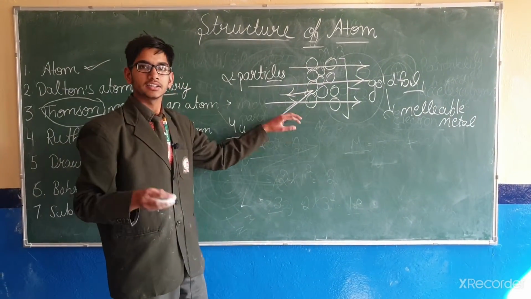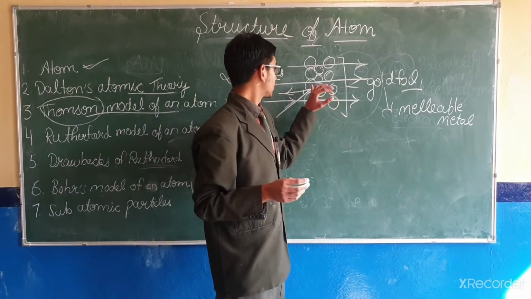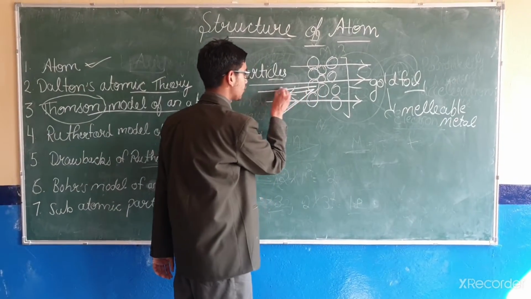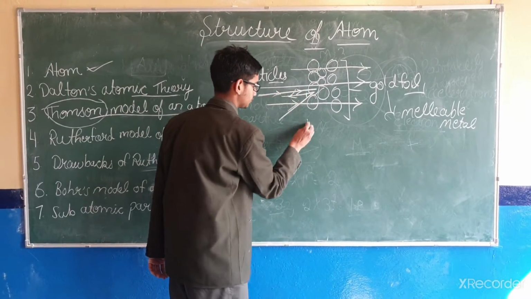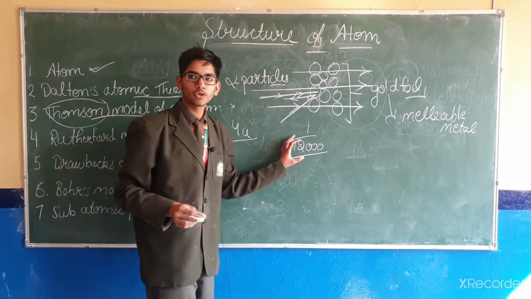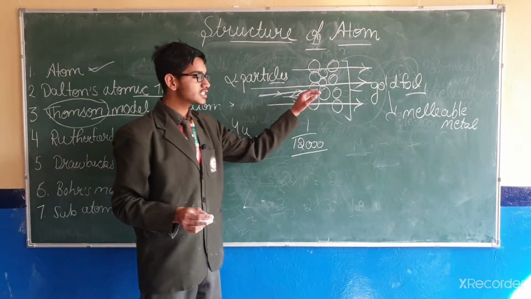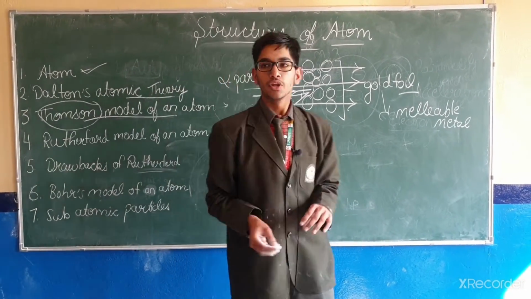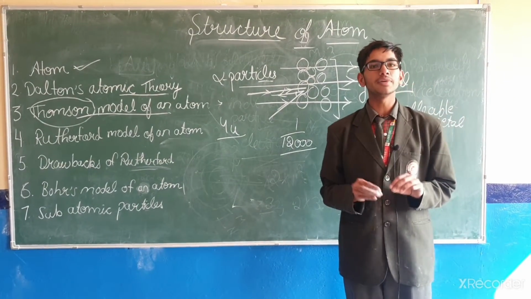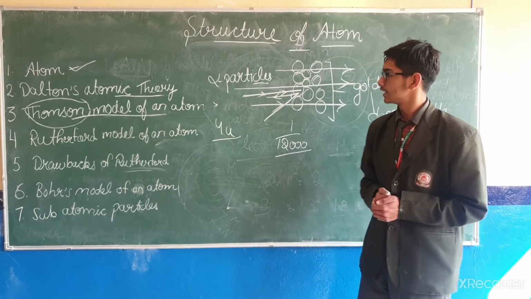It indicates that there are protons present in the atom. And 1 out of 12,000 alpha particles was deflected by 180-degree angle. What does it indicate? It indicates that the mass of whole atom resides inside the nucleus.